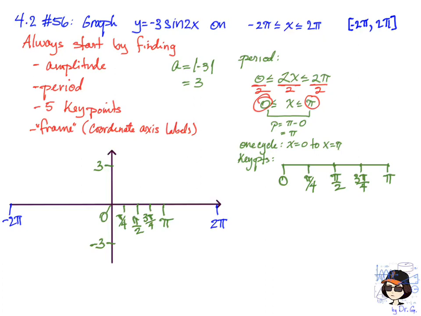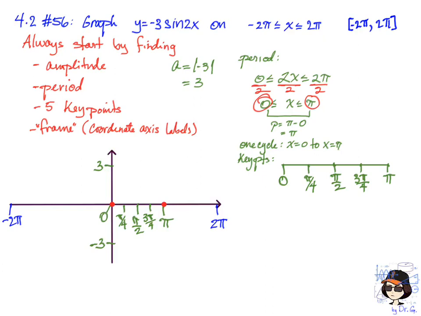So sine of 0 is 0, and negative 3 times 0 is also 0. So we have a point there. And we know that the end of our cycle is going to have the same y coordinates. So we just plot that point there. So we know it's 0 at 0, so it has to be 0 at pi. So those 2 points are plotted.